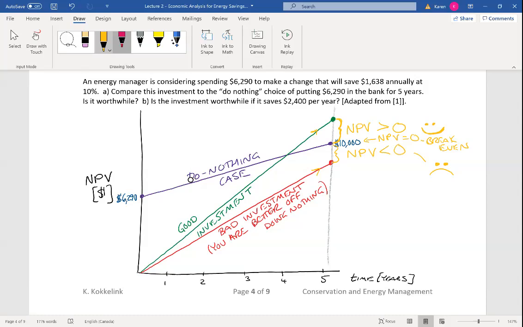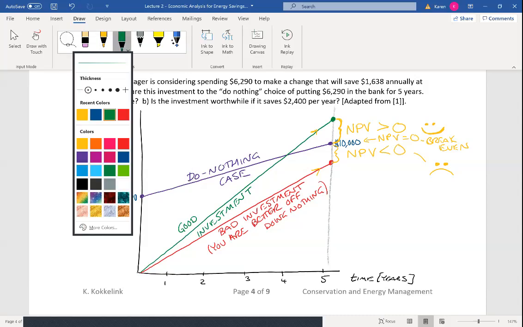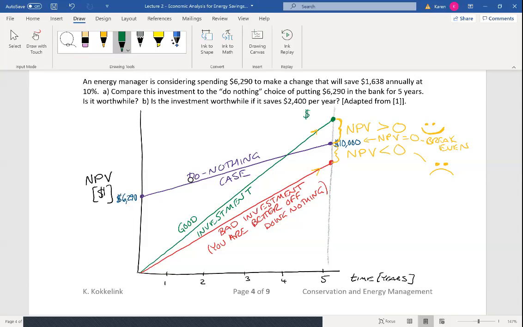In this example problem, and again, I don't need you to know about the numbers, but in this example problem, the investment actually makes 14,652 at a savings of 2,400 per year.